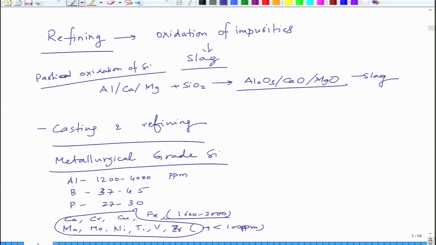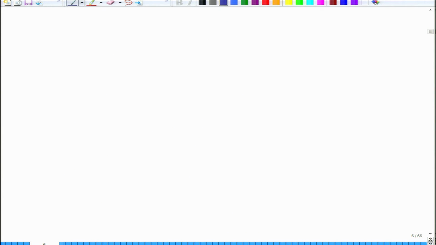This is very, very impure, not fit for semiconductor processing. So, you process this metallurgical grade silicon to purify it using other processes.